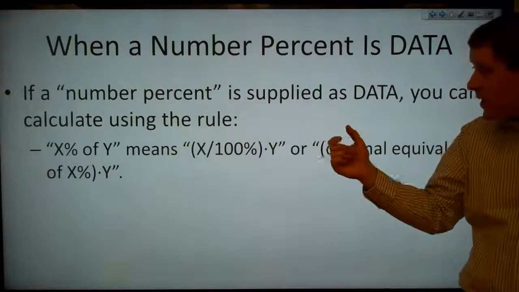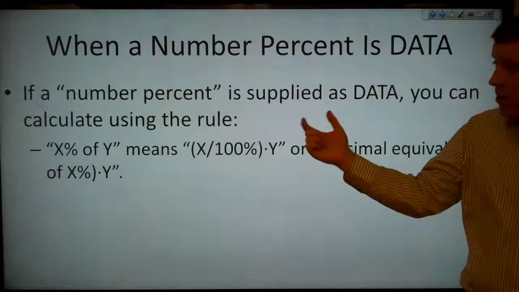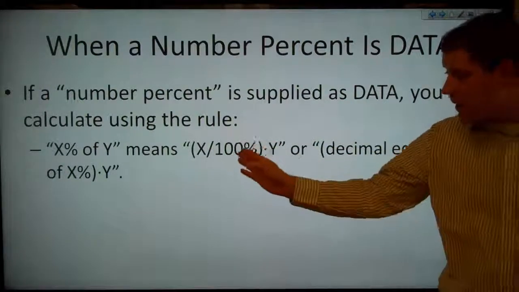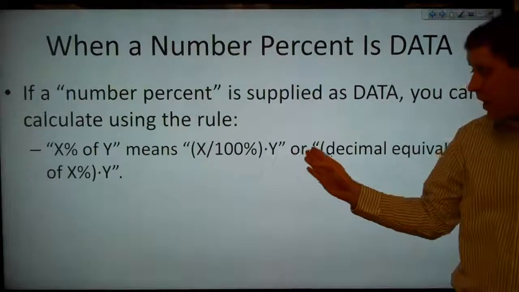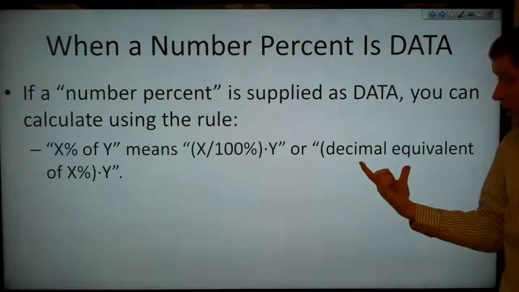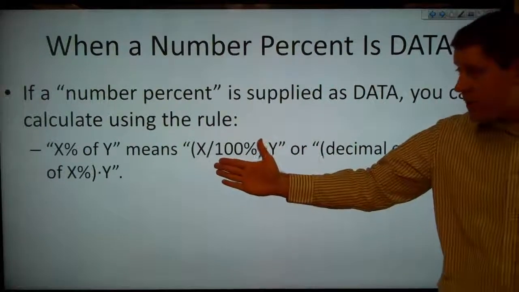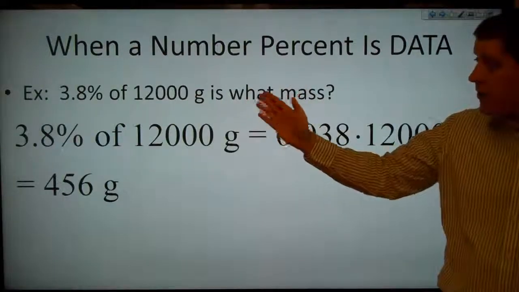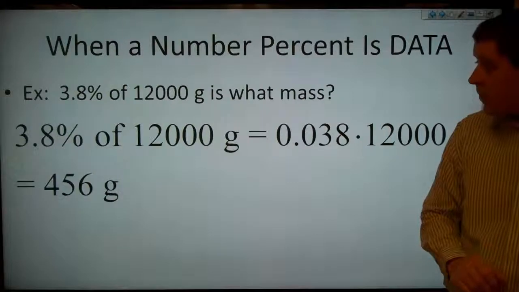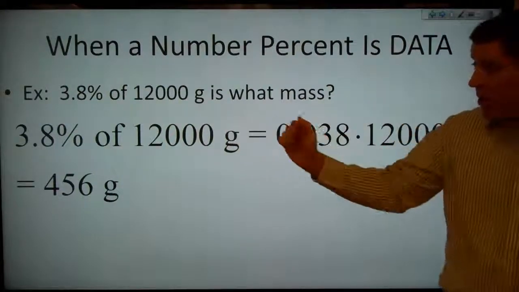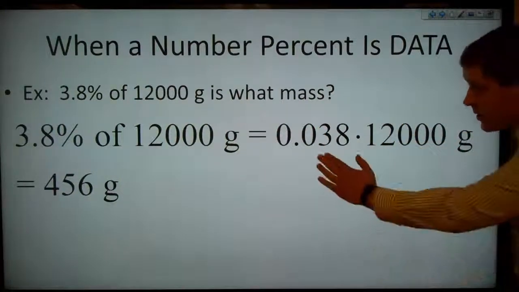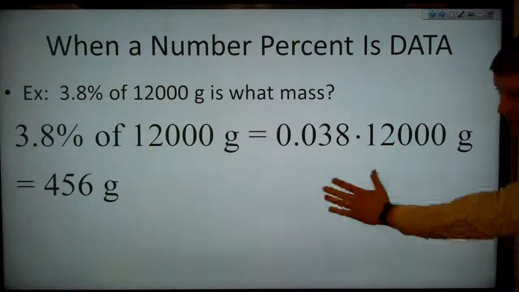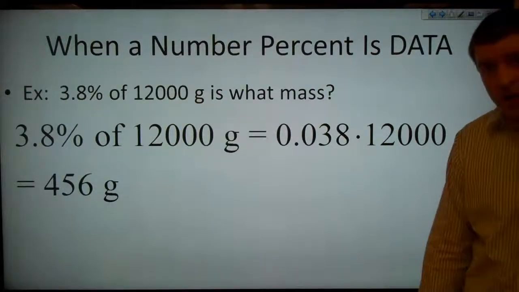If a number percent is supplied as data, then you can calculate using the rule X percent of Y means X divided by 100% times Y, or the decimal equivalent of X percent times Y. For example, 3.8% of 12,000 grams is what mass? Well, 3.8% of 12,000 grams equals 0.038 times 12,000 grams, which is 456 grams.